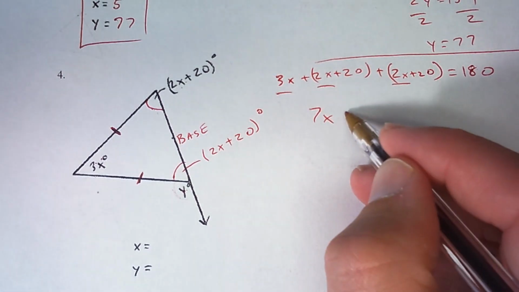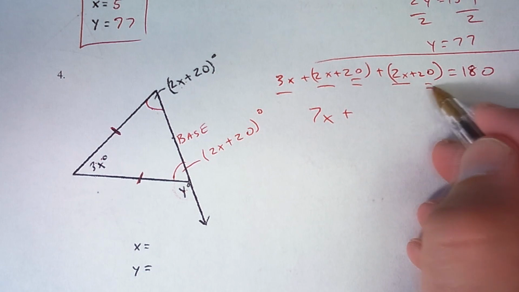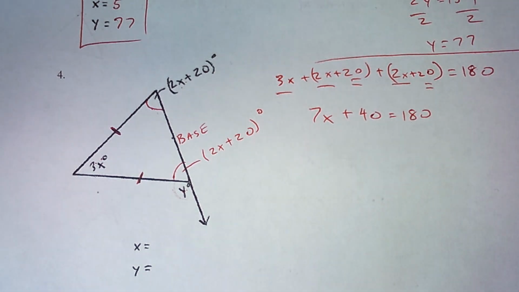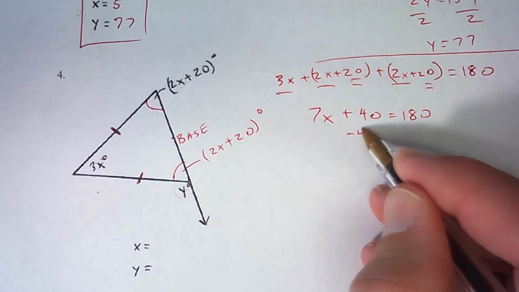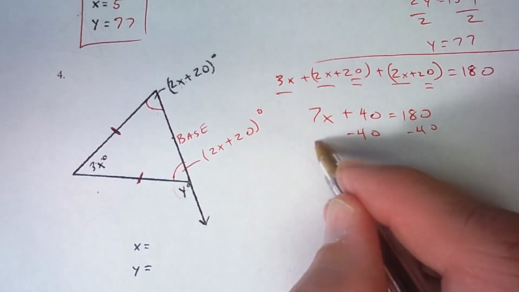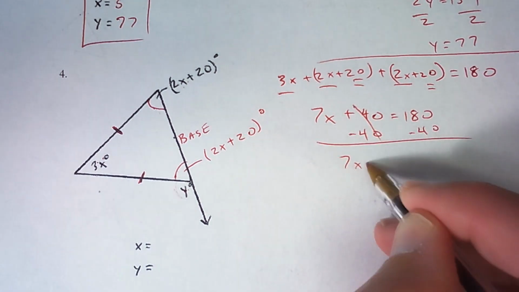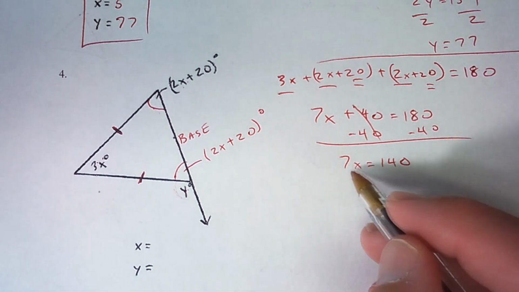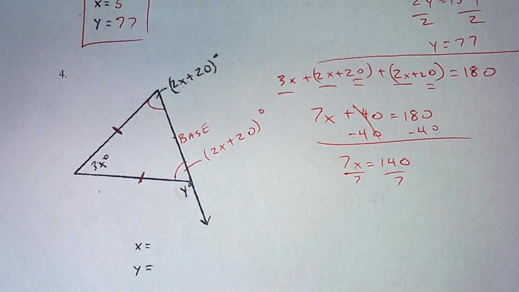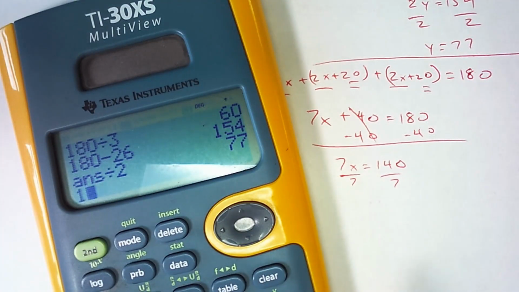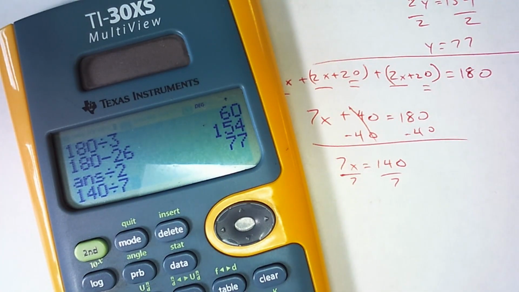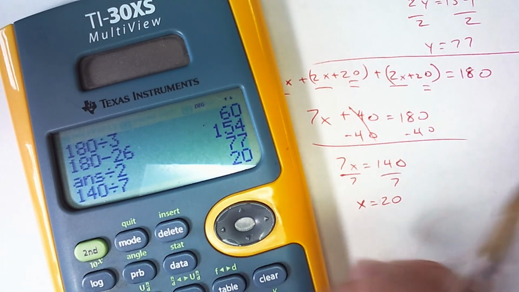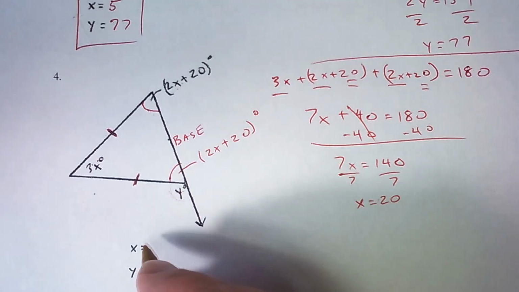Another 2x is 7x. 20 and 20 makes 40, equals 180. Then I will subtract 40. 7x equals 140. And divide by 7. Okay, so 140 divided by 7 is 20. So x is 20.